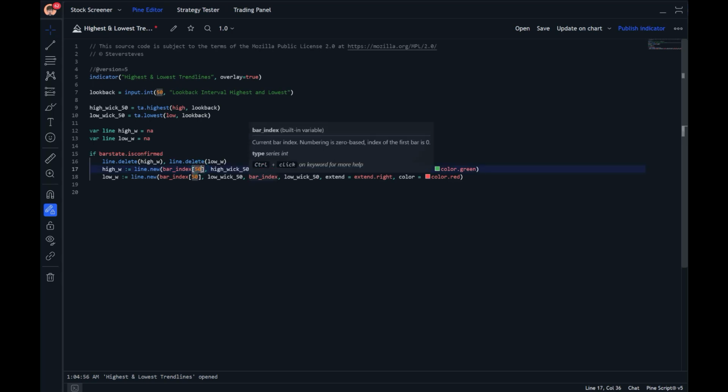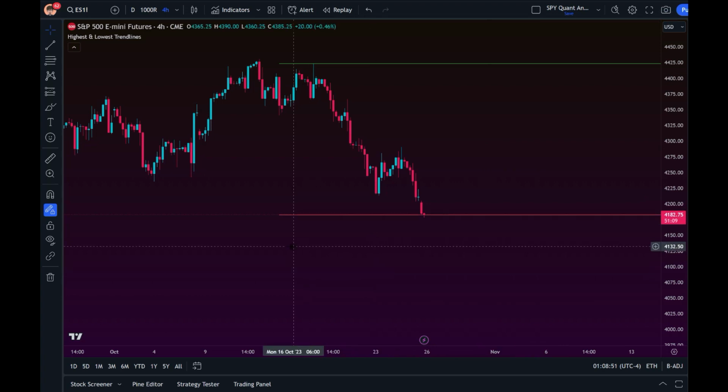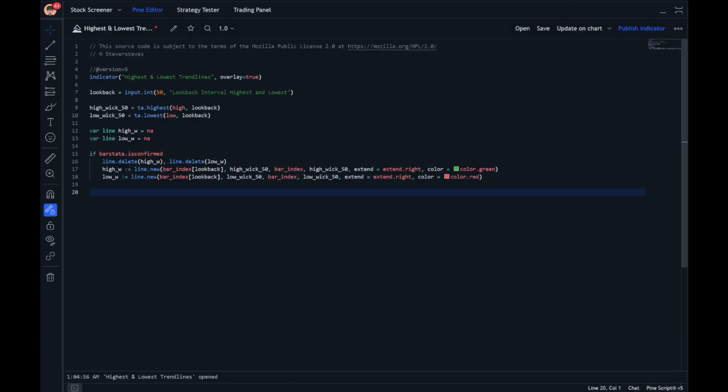So we're going to just change this to look back as well. And all bar index means is it's just the reference value of the bar. Pinescript and TradingView assign each candle a bar index value, which is an interval value, and that's how it keeps track of its candles. So that's all bar index does, it's just a location referencing variable, okay?